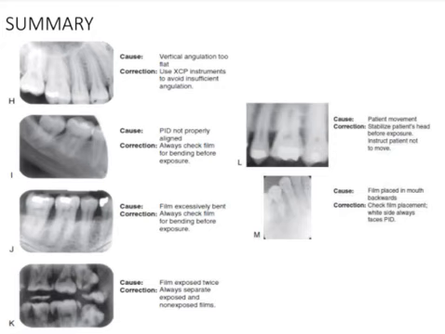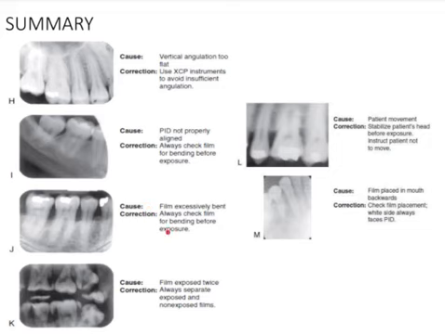That means your angulation is less than the normal. Okay. PID not properly aligned. You can see there is a semicircular area. That means the position indicating device was not aligned with the central beam or the receptor.